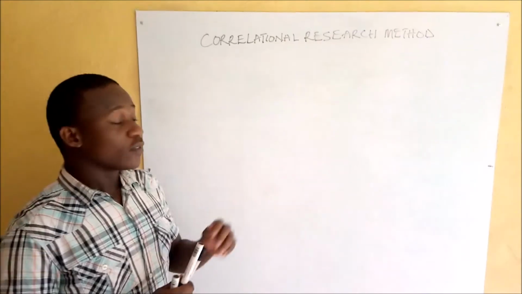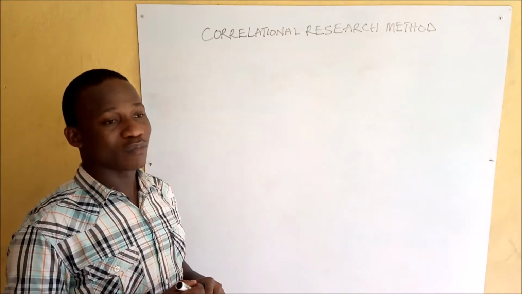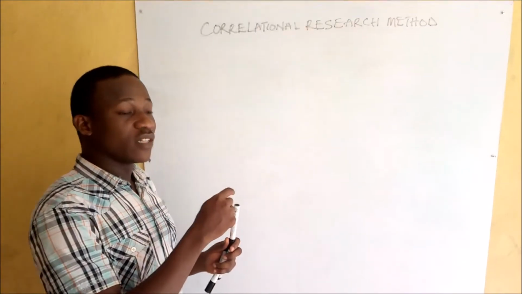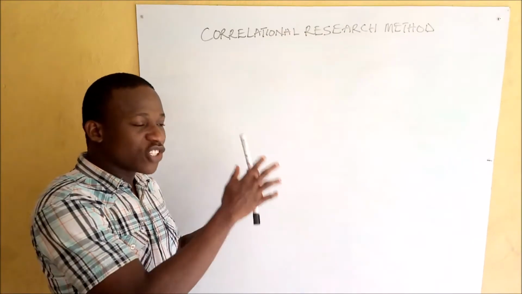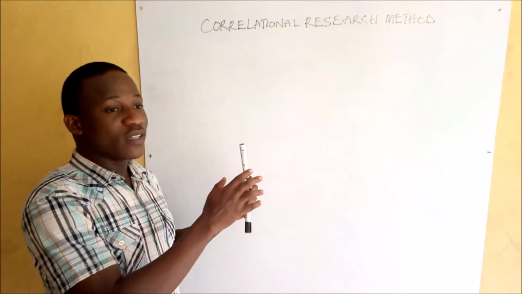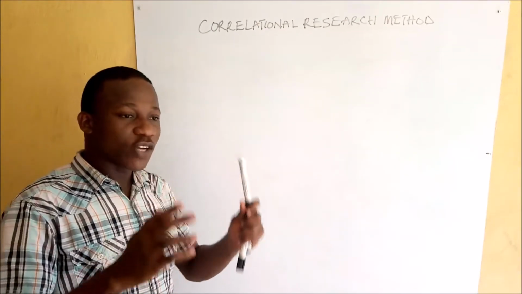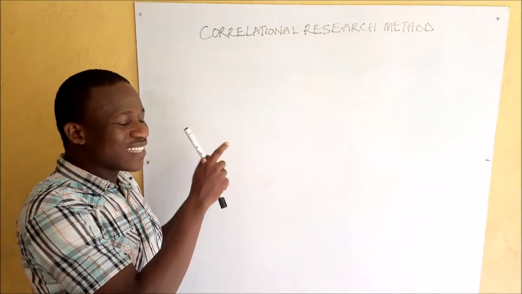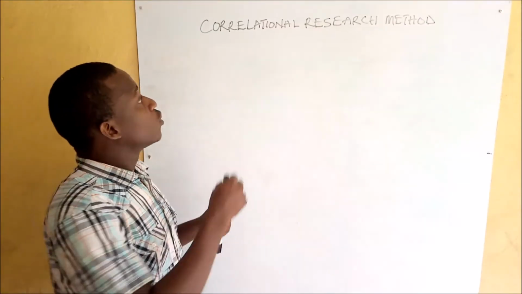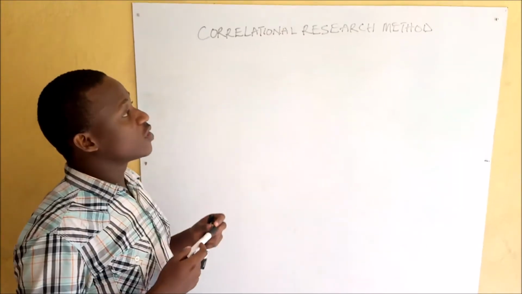The appropriate research method to adopt is a correlational research method because he or she is aimed at checking the relationship that exists between the security challenges and lecturer attitude or job satisfaction. That is his main aim. So the appropriate method to adopt is a correlational research method.